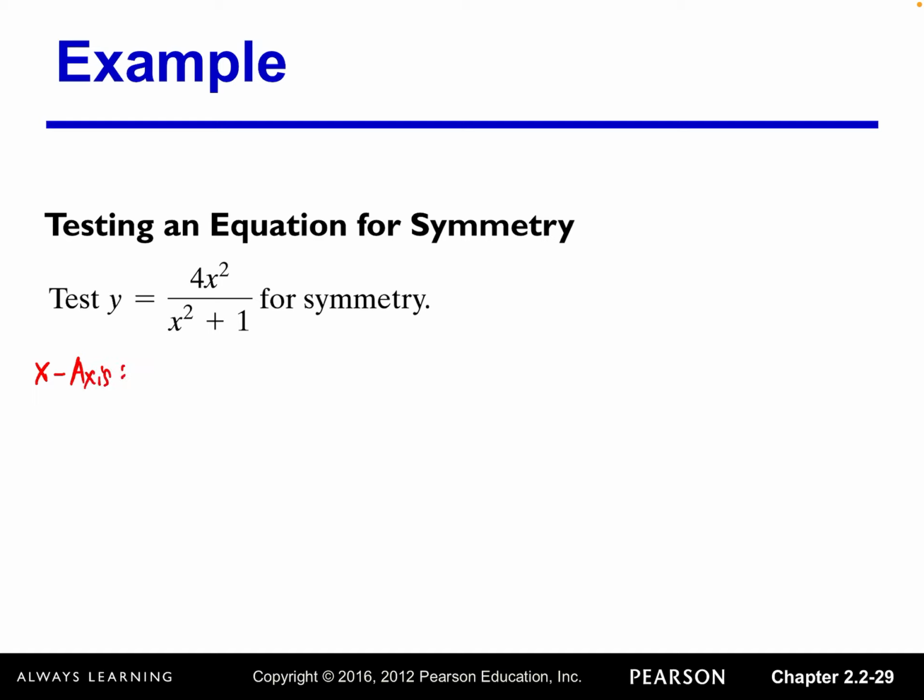So what we need to do is replace y by negative y and then plug into the given equation. So the left-hand side of the equation is negative y. The right-hand side doesn't have y, no y involved, so we just write it.